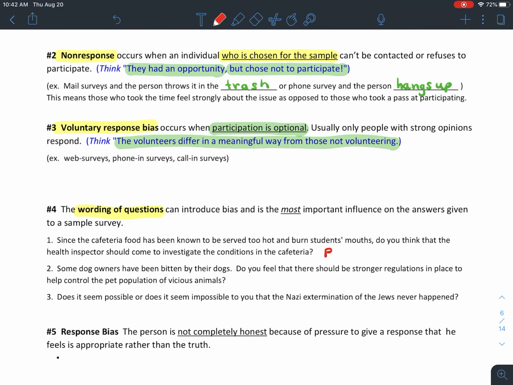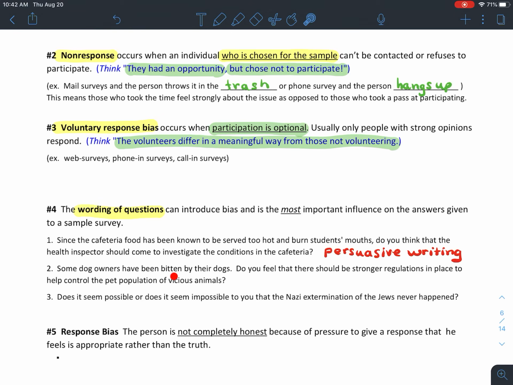Okay, clearly the person who worded this question is using persuasive writing, so they are trying to influence the person. When you word questions, you want to be very generic about it so that you're not throwing in any adjectives that in any way would persuade the person, either knowingly or unknowingly.